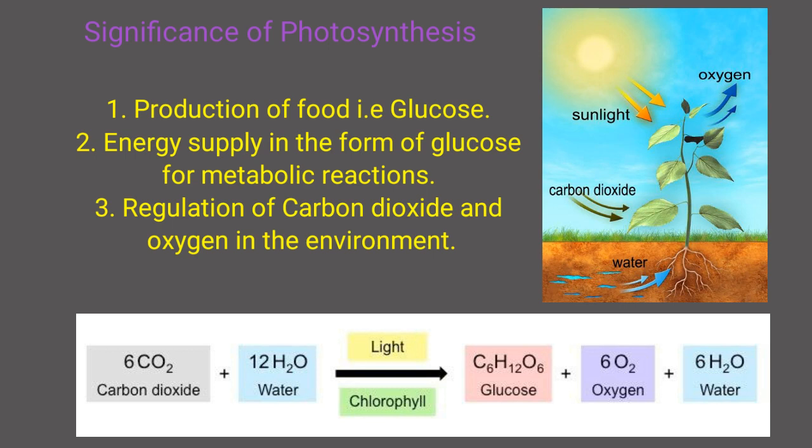As you know, one of the basic necessities for all living organisms is food. Hence, photosynthesis helps in the production of food. And the food that we refer to here is the glucose molecule. So the glucose is synthesized in the whole process of photosynthesis. Therefore, the first significance of photosynthesis is the production of food.